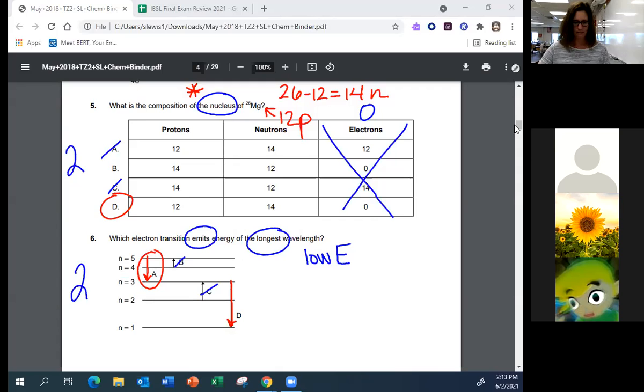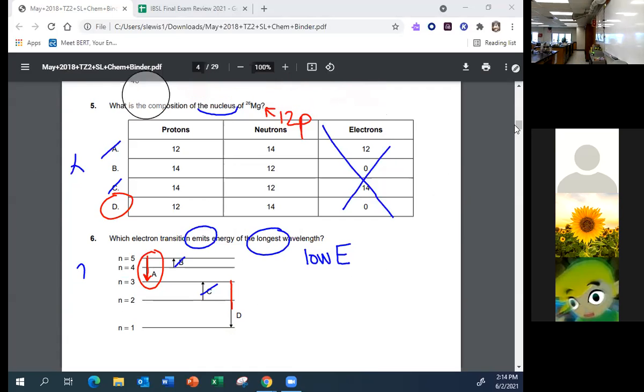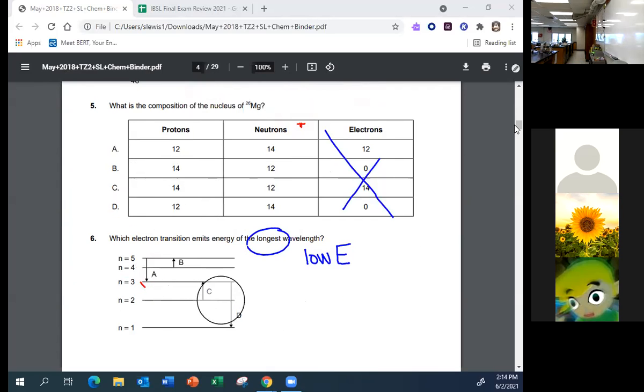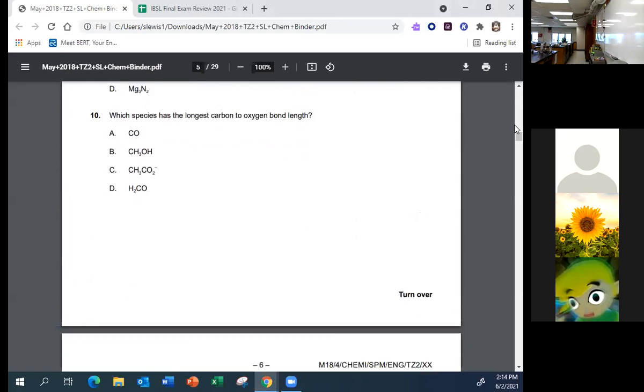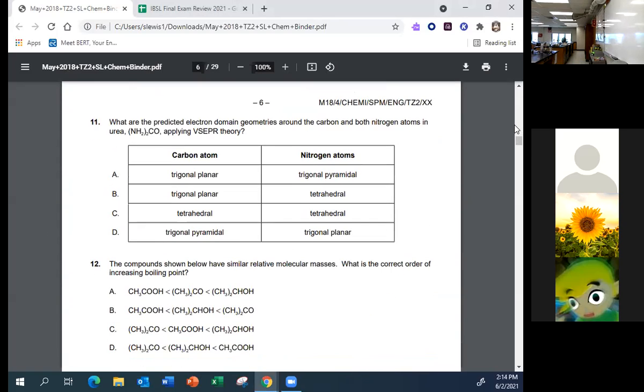All right. Somebody asked about 11. This is another good topic for us to focus on, and it does require a couple steps to answer question 11. All right. And my eraser isn't working for me today. There we go. What are the predicted electron domain geometries around the carbon and the nitrogen?